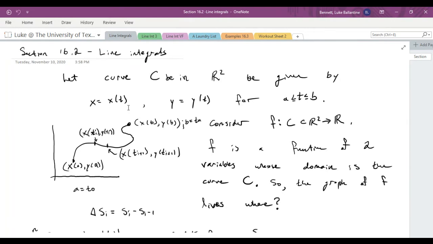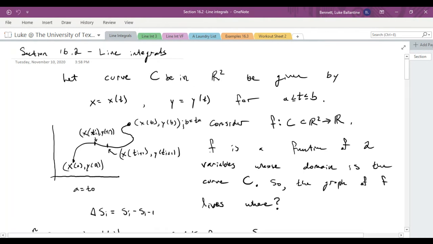So f is a function of two variables whose domain is the curve C. So where does the graph of f live? And if anyone was here, I would wait for an answer, but no one's here, so I'll go ahead and tell you.